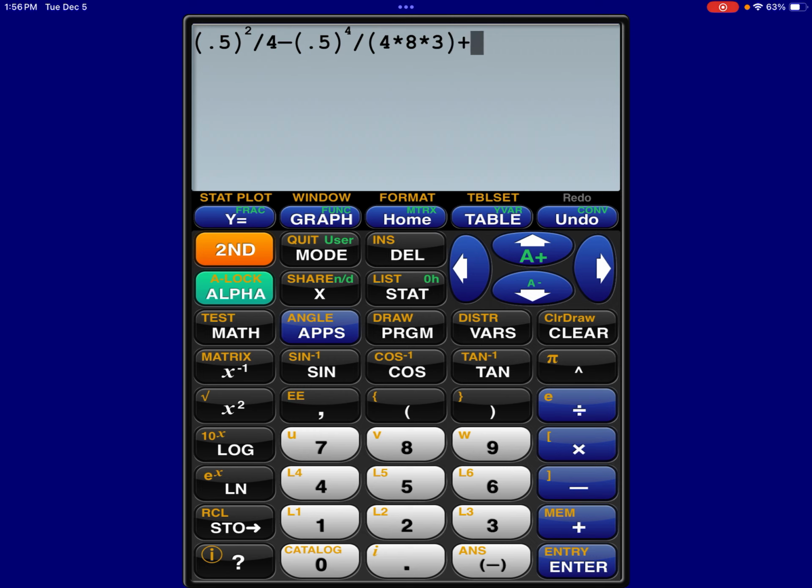And then plus 0.5 raised to the 6th, and then that is divided by 32 times 30, and then minus 0.5 raised to the 8th, and then that one is divided by 2 raised to the 7th times 56. There we go.